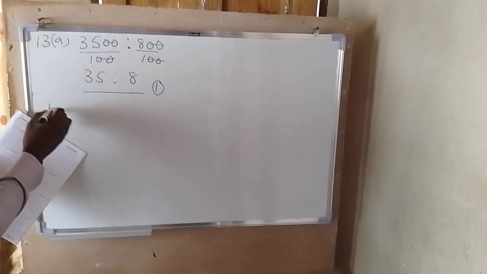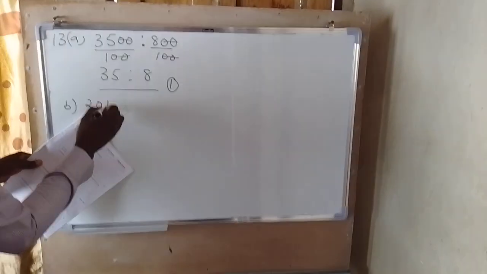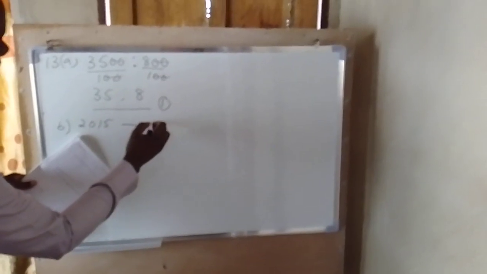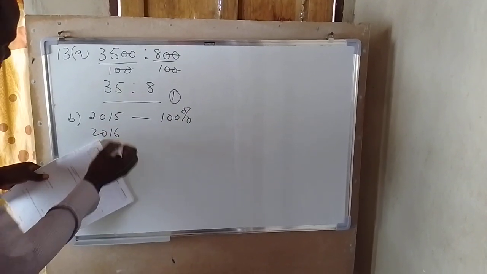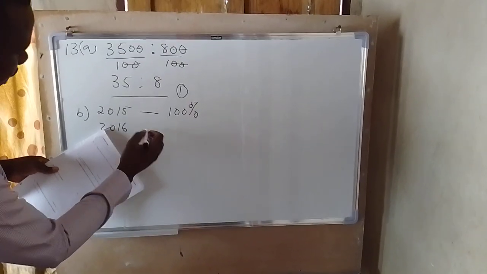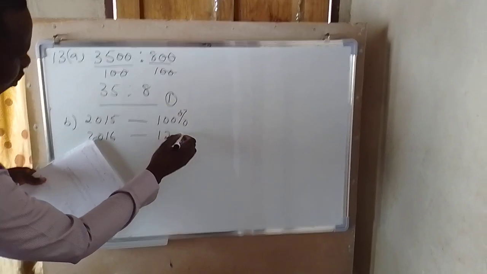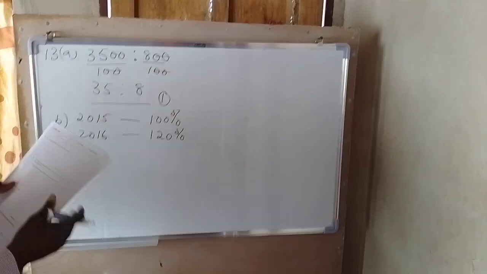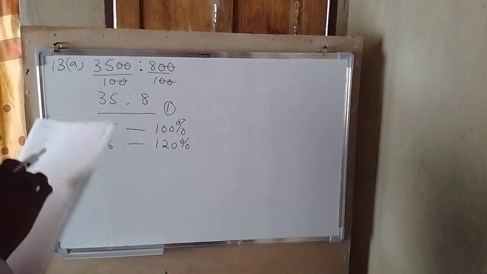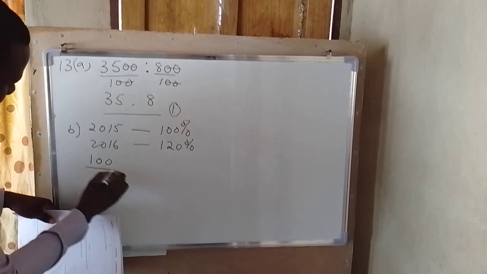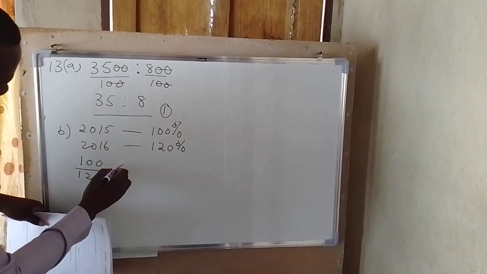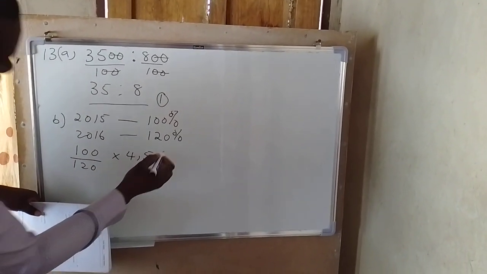Let's say in 2015 the farmer had 100%. So in 2016 the farmer has increased by 20%. So we now have 120%. So for us to get the tons harvested in 2015, we simply say 100 divided by 120 times 4.5 tons.